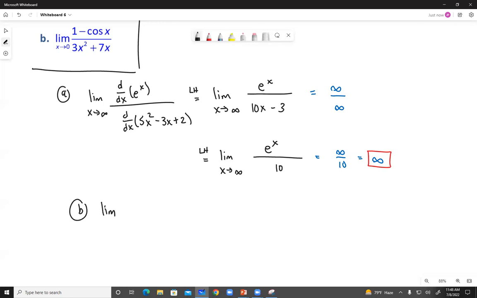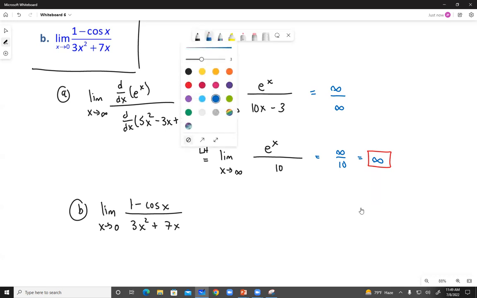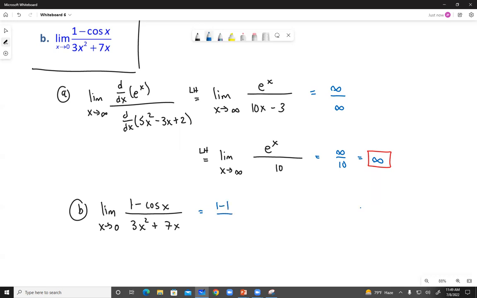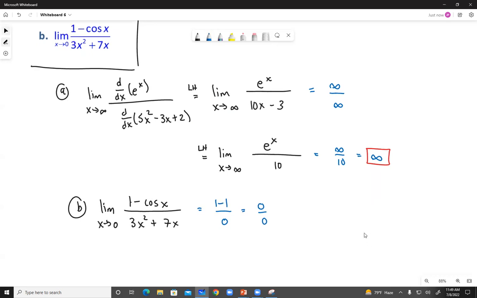So in part B, we have the limit as x goes to 0 of 1 minus cosine of x over 3x squared plus 7x. And we can see that if we plug 0 in, we get 1 minus 1 over 0, or again, 0 over 0.